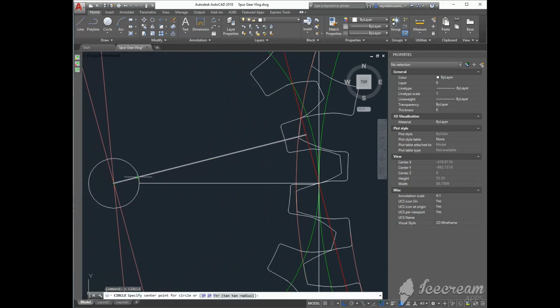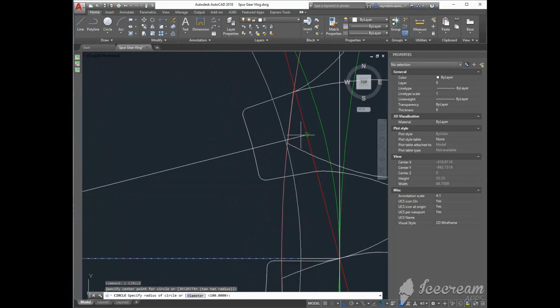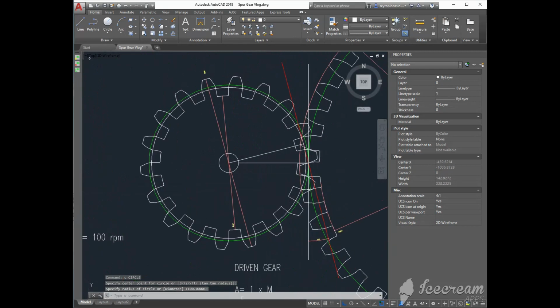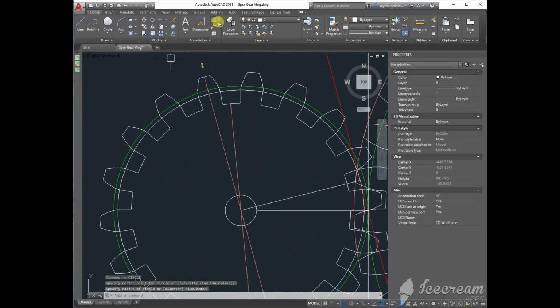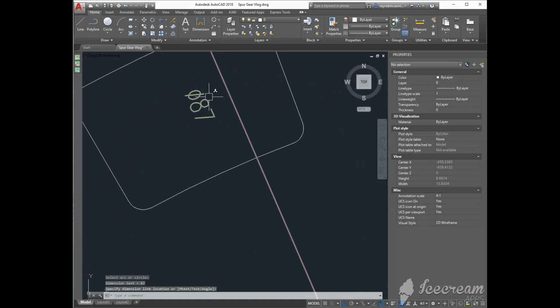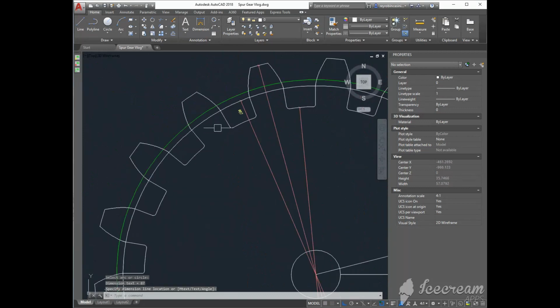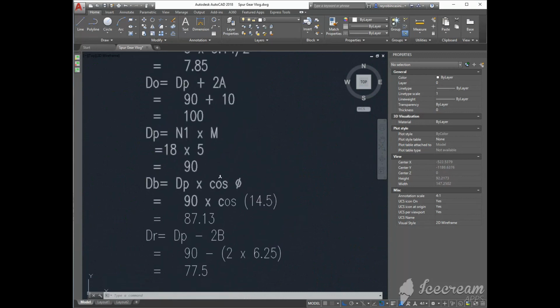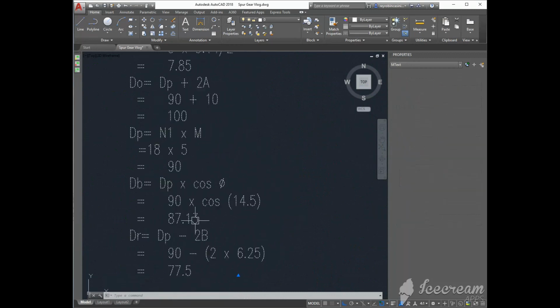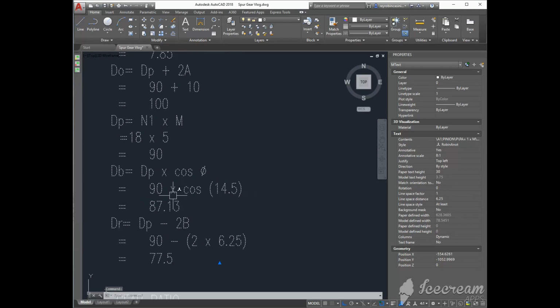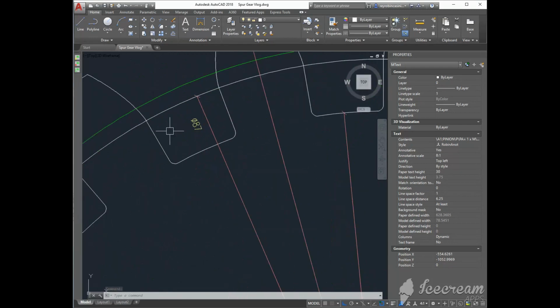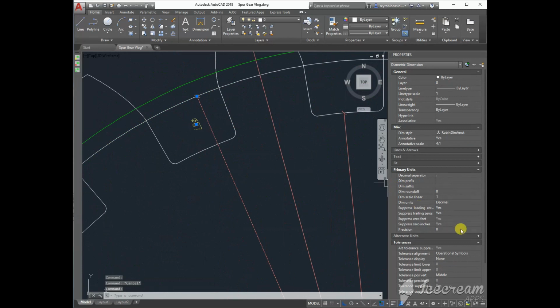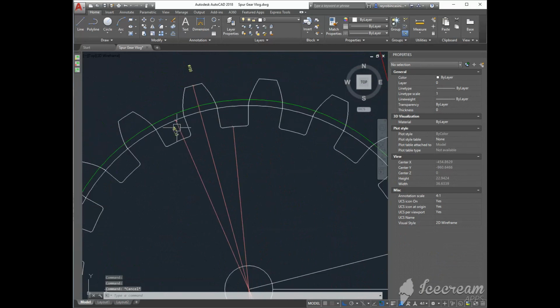This would now be our base circle from here to here. So if we measure this, it has a dimension of 87, which is what we calculated before, 87.13. If we increase the precision of this, it will be the same as the one that we have calculated.